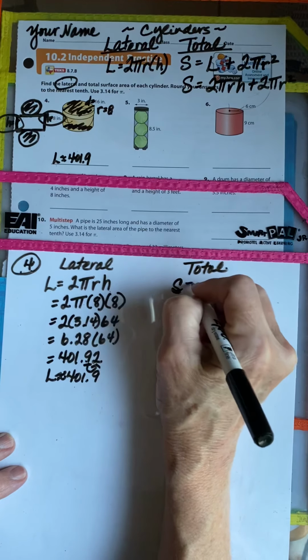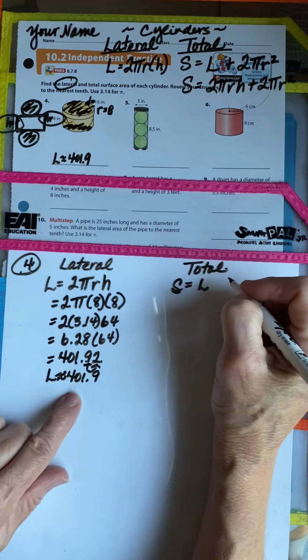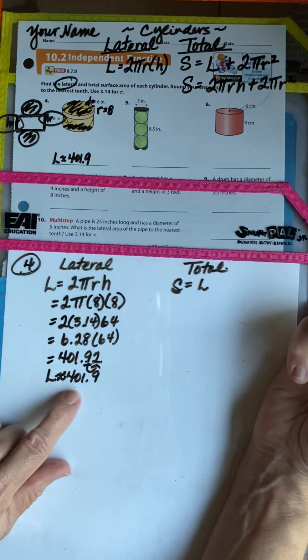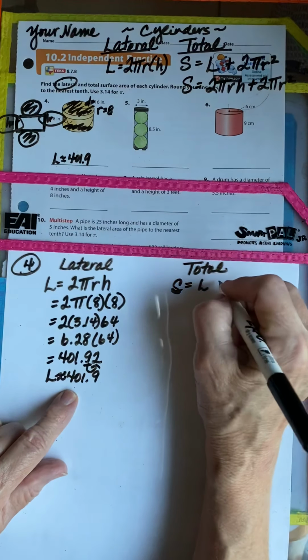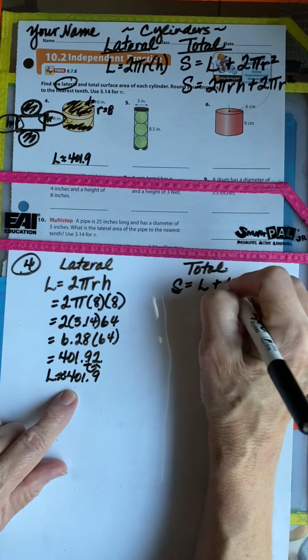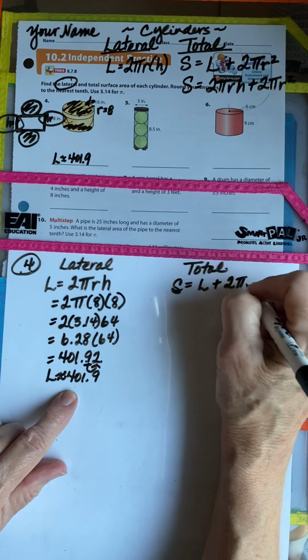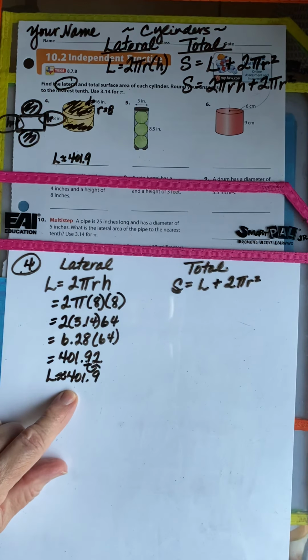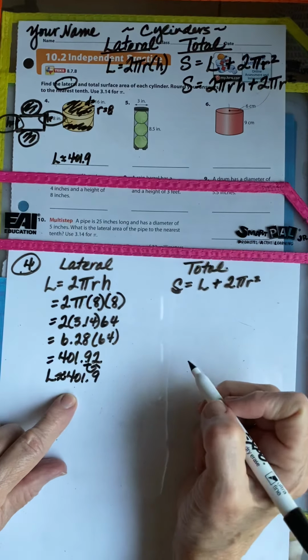Now to do total, it starts with S. We're going to use our L that we just determined right there, plus 2 pi r squared, because that's the area of the base, pi r squared. We need 2 of those.